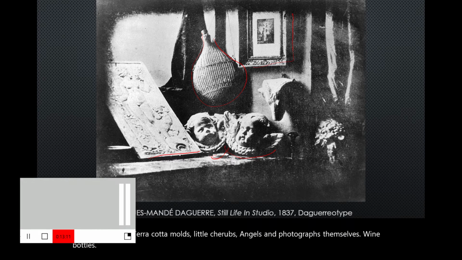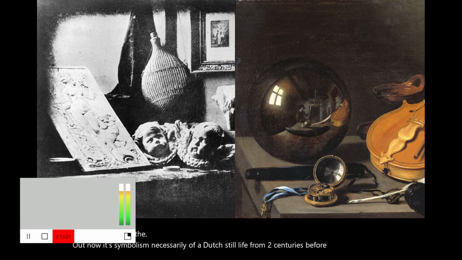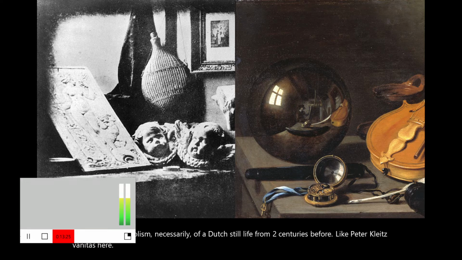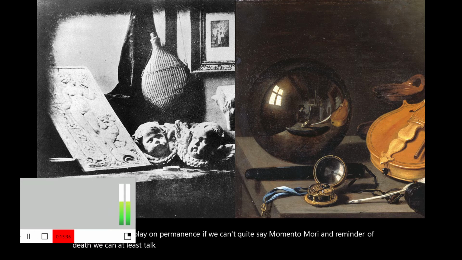We don't have, say, the out-and-out symbolism necessarily of a Dutch still life from 2 centuries before, like Clayt's Vanitas here. But we still have a play on permanence. If we can't quite say memento mori and reminder of death, we can at least talk about permanence and impermanence as opposed to life and death.